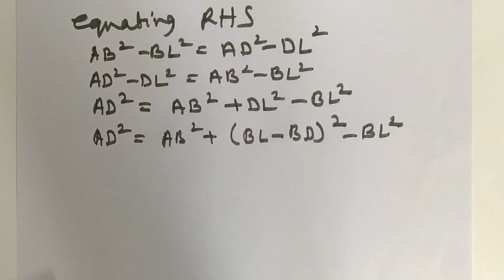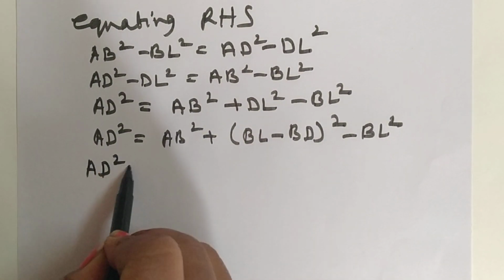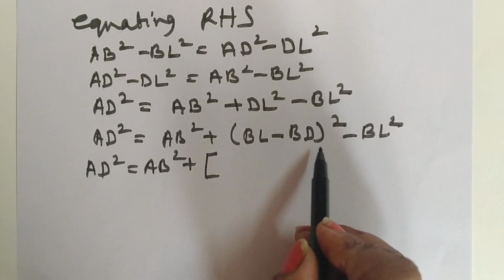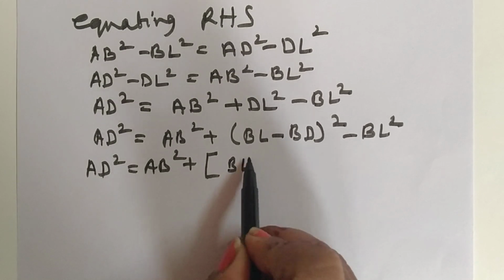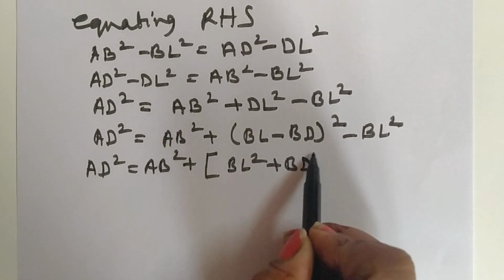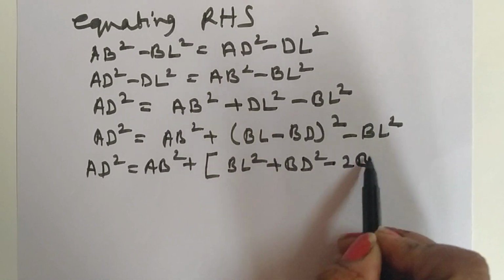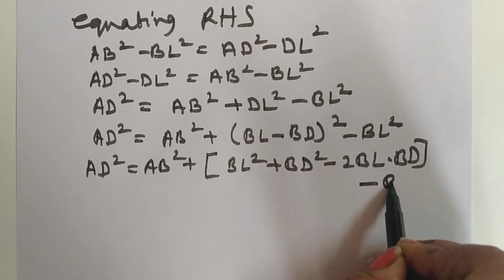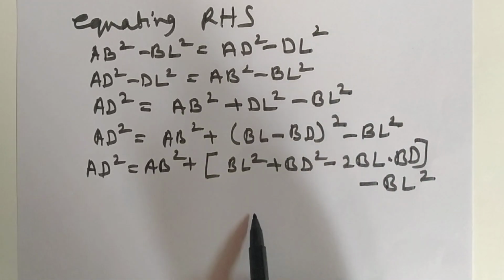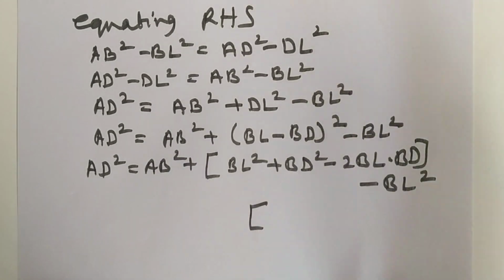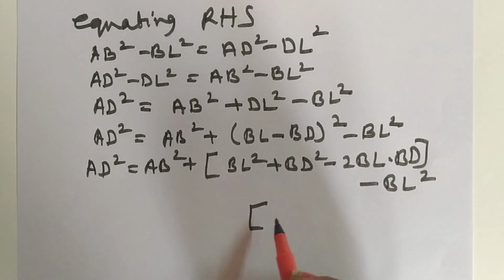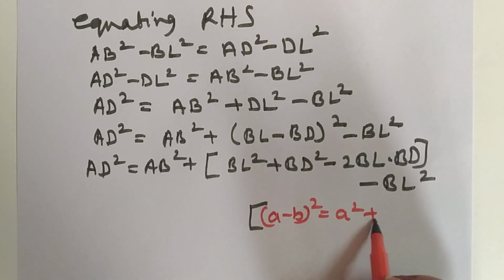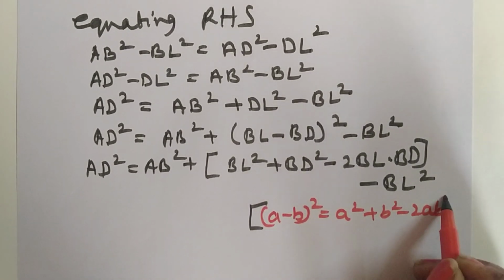Now AD square, AB square, and here we are going to use the identity, that is BL square plus BD square minus 2 BL into BD, and minus BL square. We know that using the identity, a minus b whole square is equal to a square plus b square minus 2ab.